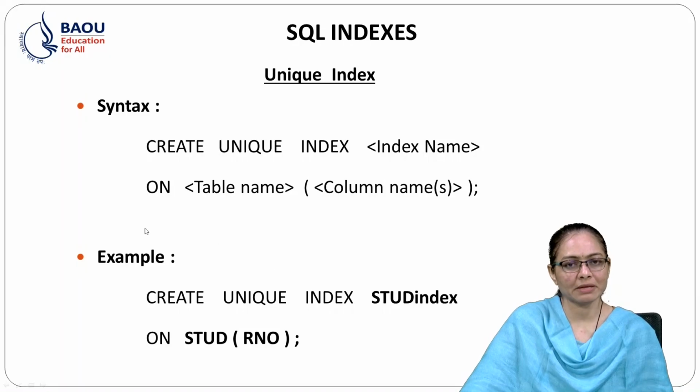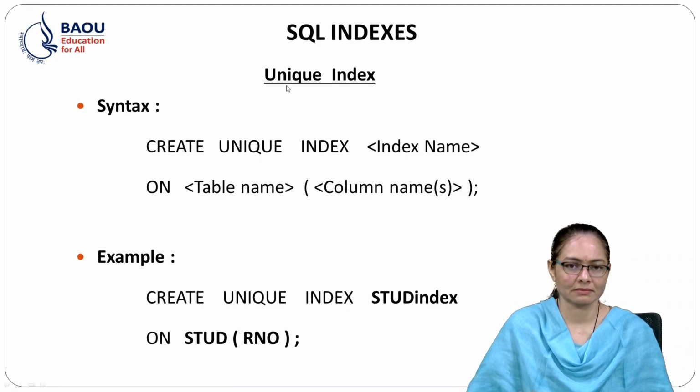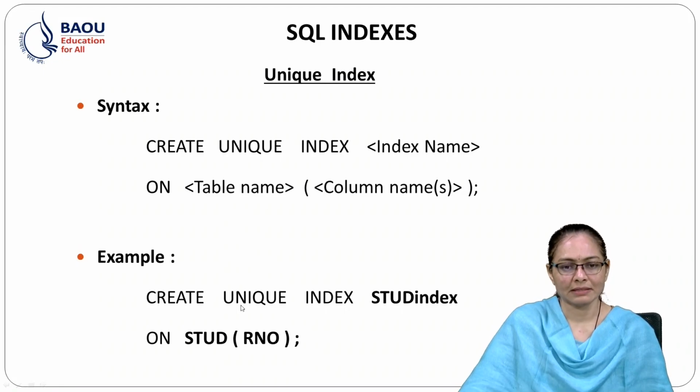It is the same as the previous single-column index, but here we use the keyword unique. So it will create a unique index. And yes, this index includes unique roll numbers. It will not include duplicate roll numbers in this index.